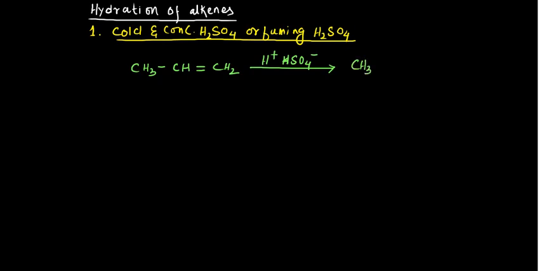This double bond will break, HSO4 minus over here, and one hydrogen is going to get attached here. So a simple addition reaction. You can call this compound isopropyl hydrogen sulfate. The iso word is coming because the hydrogen sulfate is attached to the second carbon.